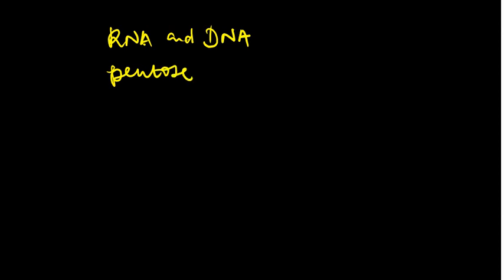Now that we know that RNA and DNA have pentose sugars in their structure, what we're going to notice is that when you look at their structure, they just differ at one point. So if this is ribose, let's just draw it so you notice the difference. So this is 1, 2, 3, 4 and 5.